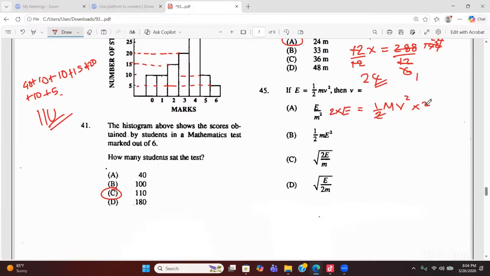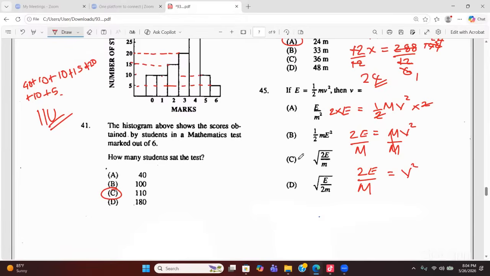So you could see that 2E is equal to mv squared. Remember, we want V, so I'm going to divide by m. So 2E divided by m is v squared.